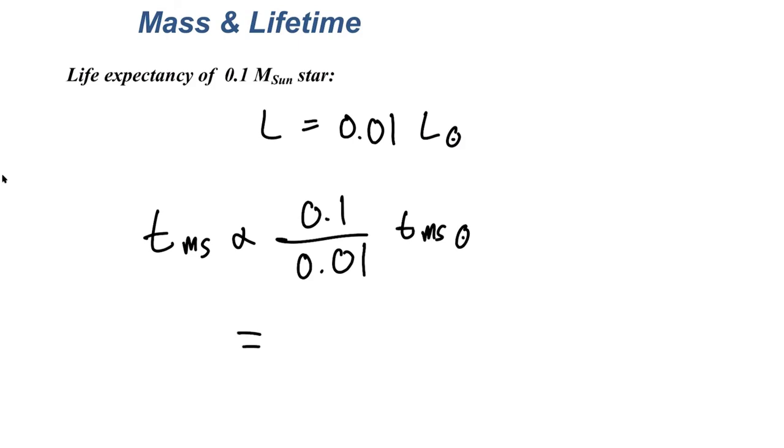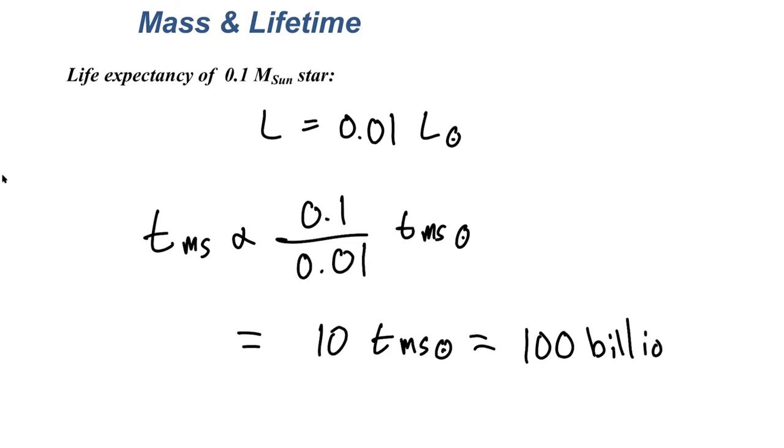Well, what's 0.1 divided by 0.01? Do it on your calculator. It's 10 times the main sequence lifetime of the sun. The main sequence lifetime of the sun is 10 billion years. So multiply 10 billion times 10, you get 100 billion years.